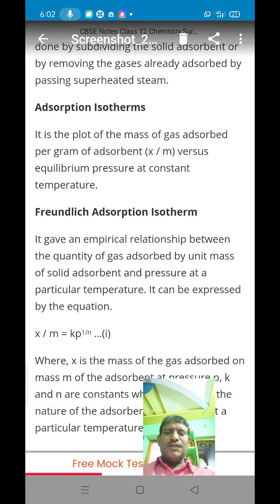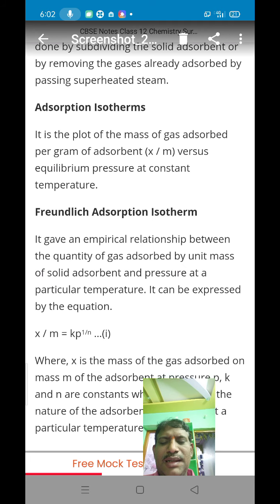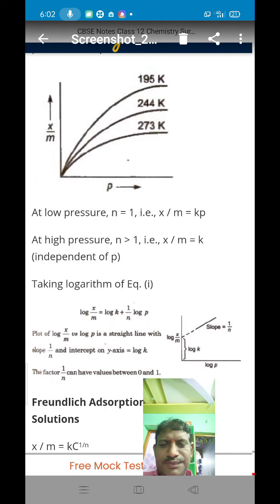That means we plot a graph between extent of adsorption x by m versus pressure at constant temperature. Such curves are called adsorption isotherms.